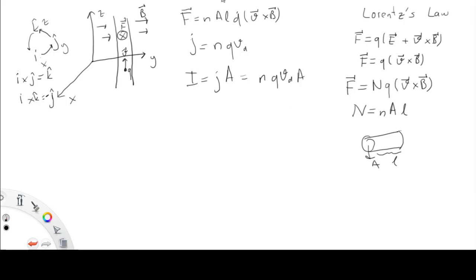So we have these quantities on our Lorentz law equation, which we derived earlier.